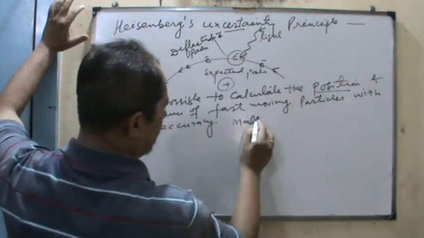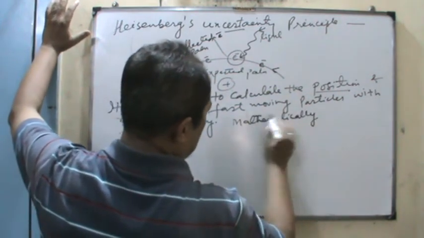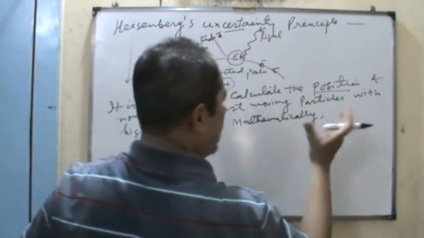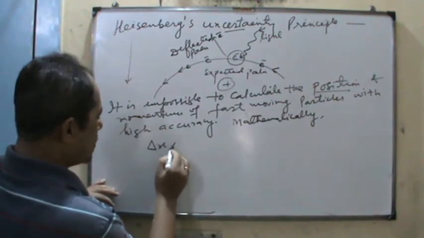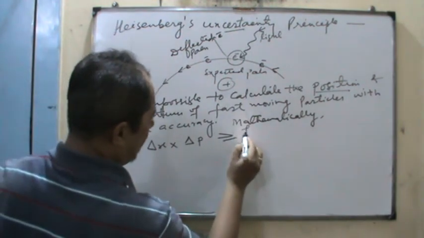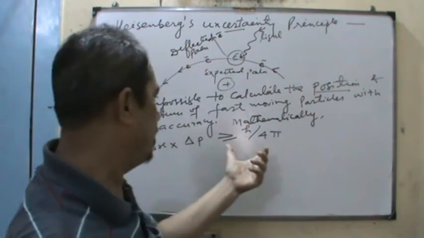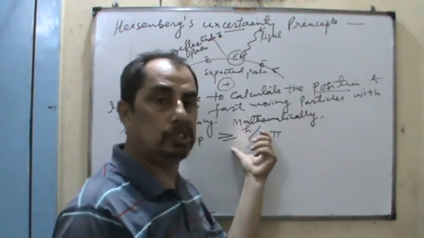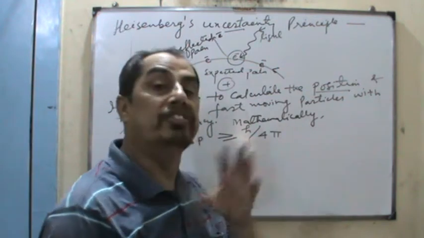Mathematically, de-Broglie gave a mathematical formula, that is delta x into delta p is either equal to or greater than h upon 4 pi. This is the fixed quantity, it is the fixed numerical data. H, we are very much familiar with the H, no need to explain further.